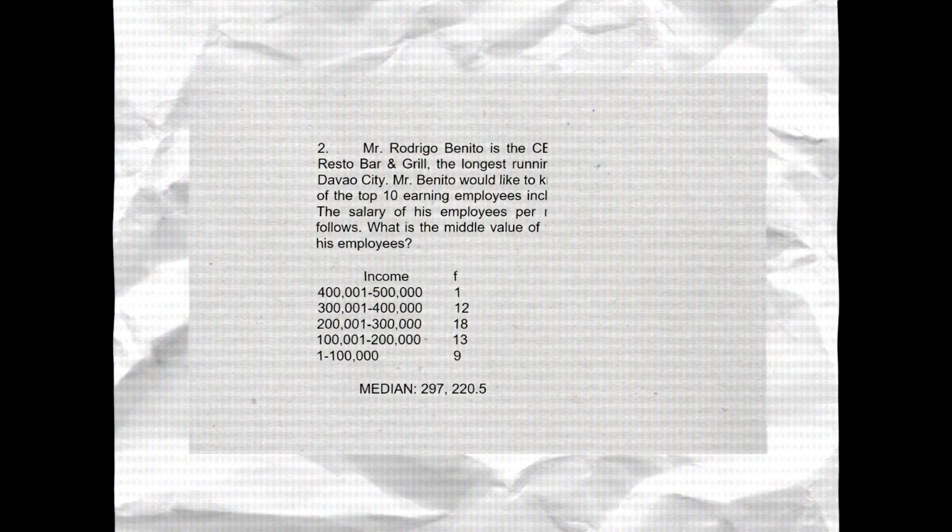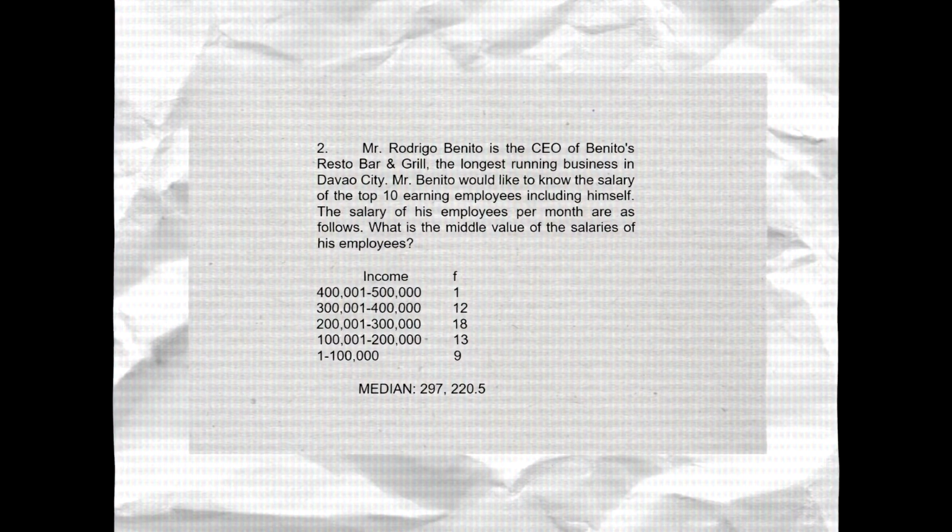The first element that you need to satisfy is the cumulative frequency, or the CF. Take note that before you get the CF, you need to identify the lowest class first before anything else. In this problem, the lowest class is the one that contains the values of 1 to 100,000 pesos. Hence, when we start solving for the CF, you just need to copy the frequency of the lowest class and have it act as our first CF.